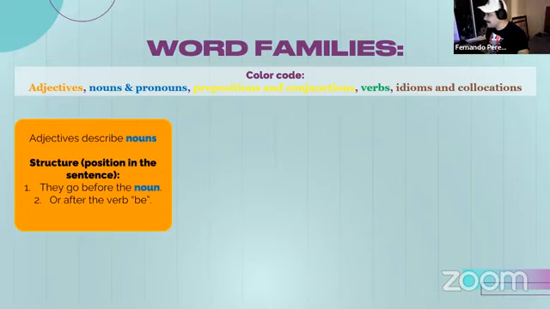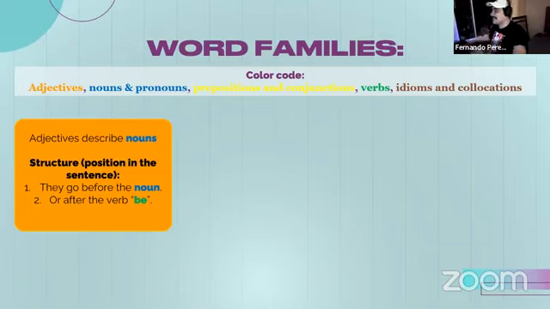That's the way we can distinguish an adjective versus the rest of the words, because of the position of the word in relation to the verb to be and the noun.